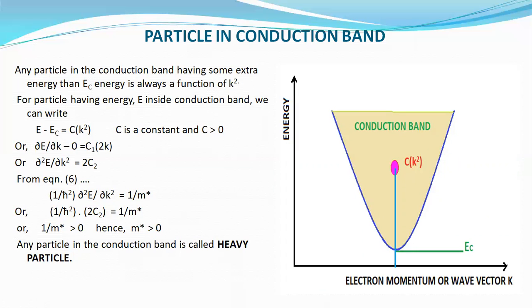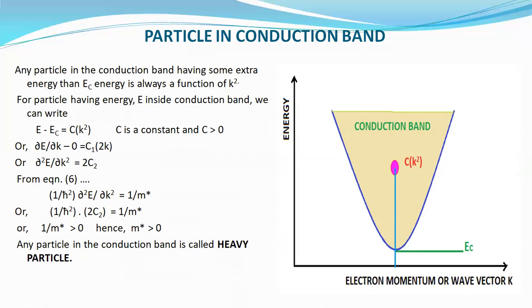As C is a function of k square, C' is the first order derivative of C, and is a function of k only. And if we further differentiate this, d2E/dk square is equal to 2C2. C2 is the second order derivative of C, which is absolutely constant, not a function of k.